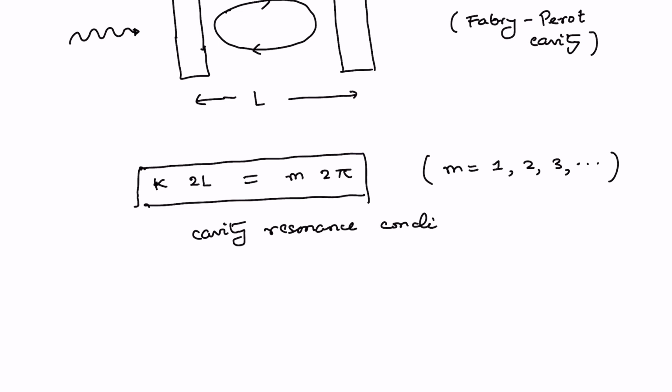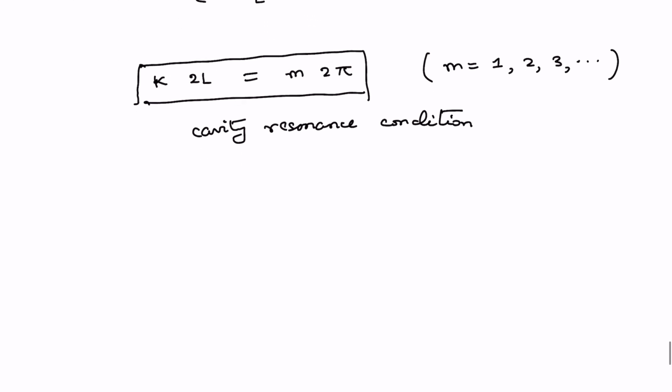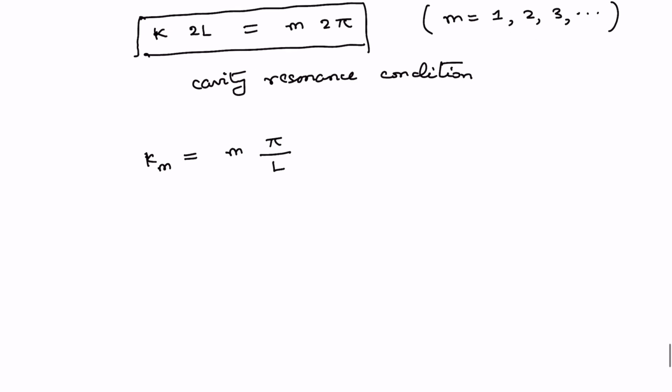This cavity resonance condition can be written in various different forms. For example, I can write it like this. Because of this condition, the wave numbers are now discretized, k equals m into pi by l. Also you know that k is equal to omega by c, and omega is equal to 2 pi into nu, where omega is the angular frequency and nu is the frequency.